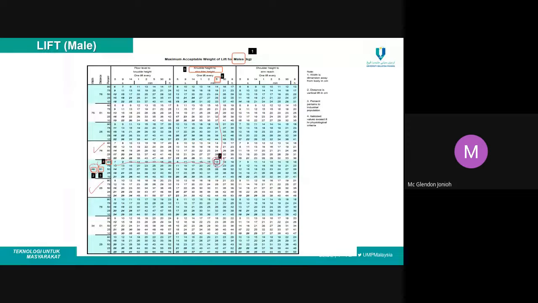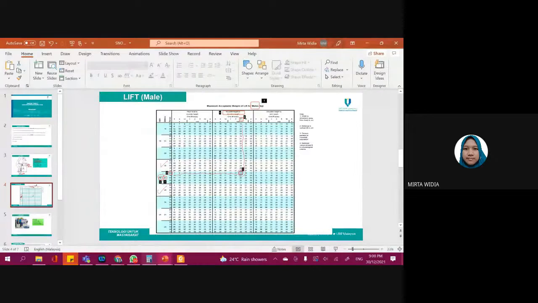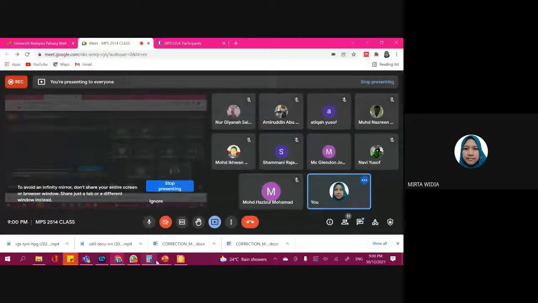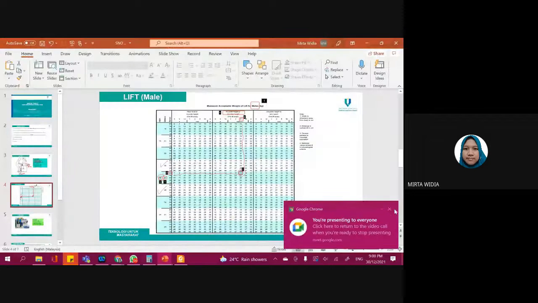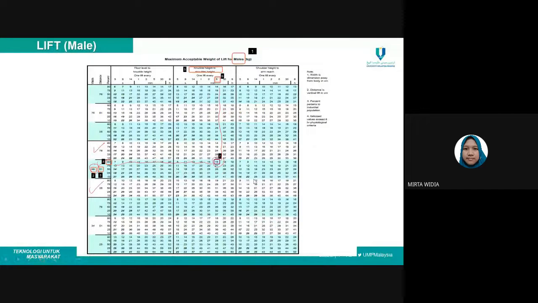Okay, can. I think this is simpler compared to the NIOSH lifting equation, right? But there is actually a limitation for this Snook table, because we have to match the value with the one closest to the scenario or the condition.